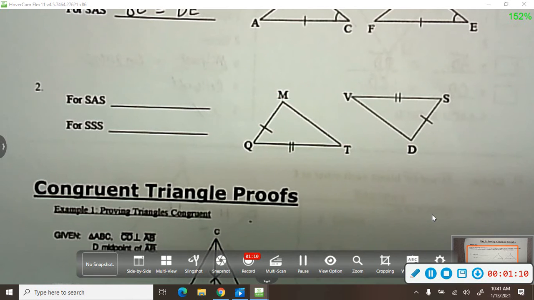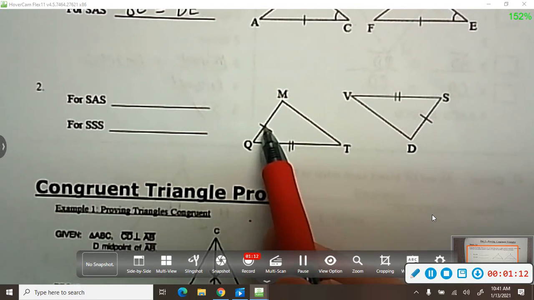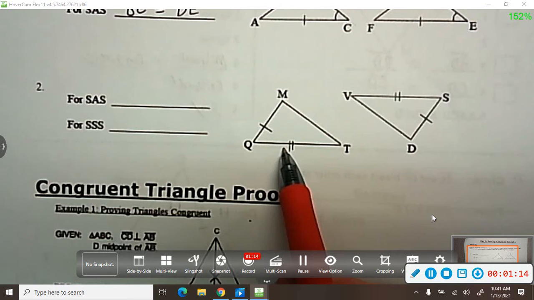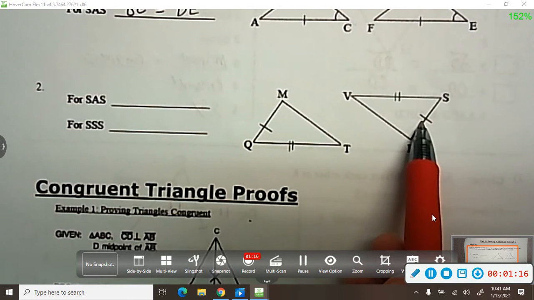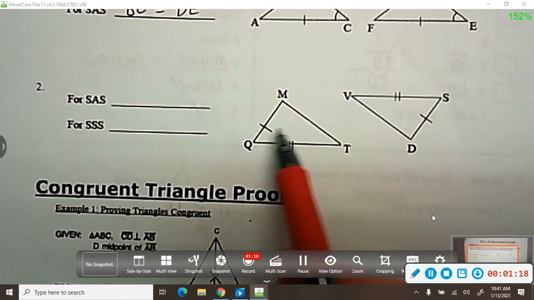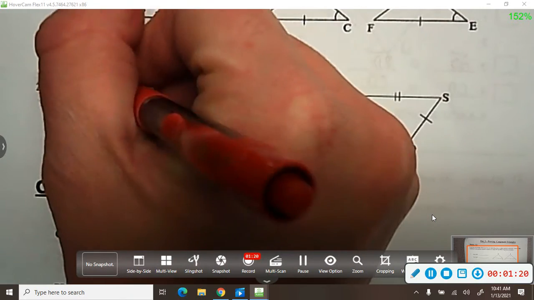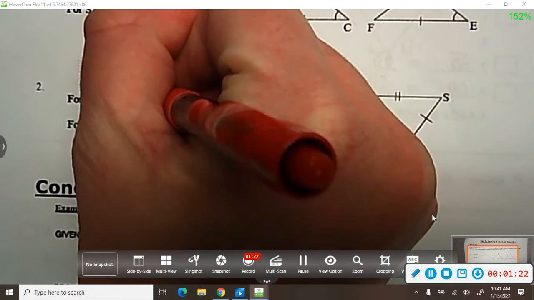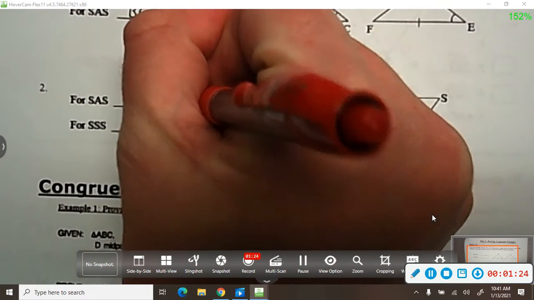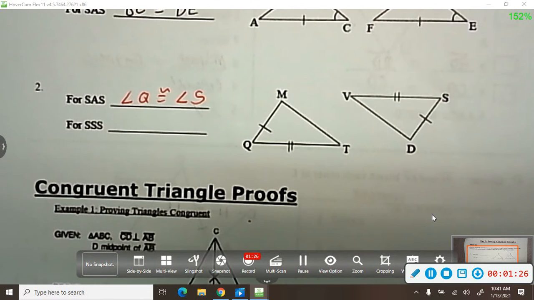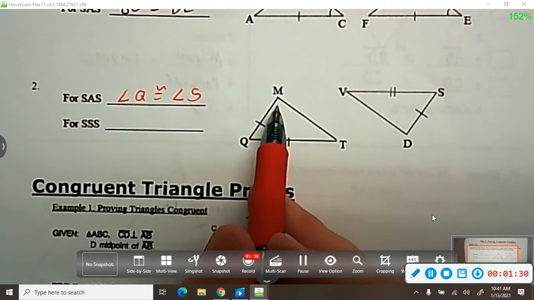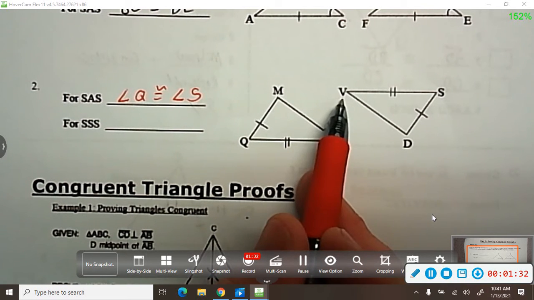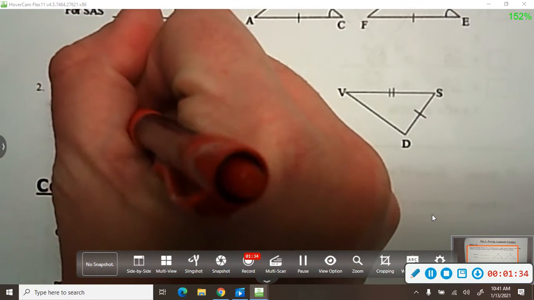All right, for SAS, I would need to know that Q equals S. And if I wanted to prove these congruent by SSS, I would need to know that MT is congruent to VD.